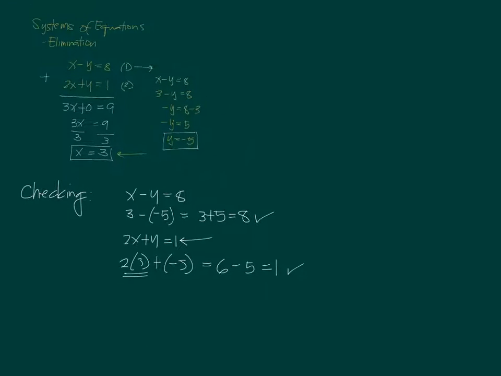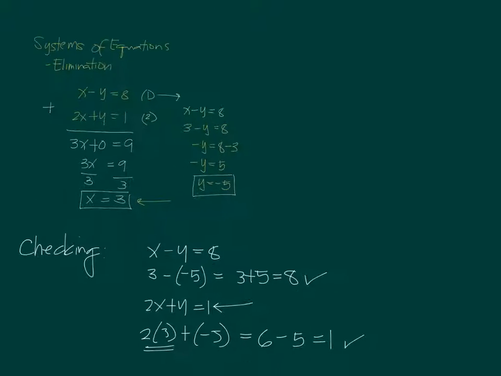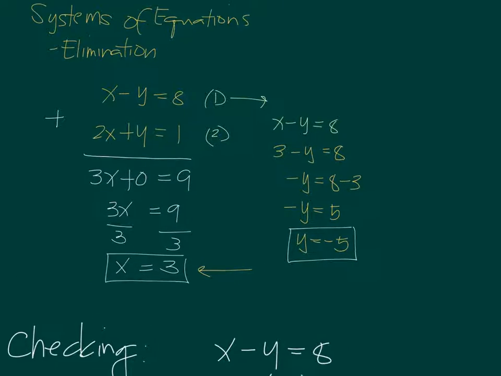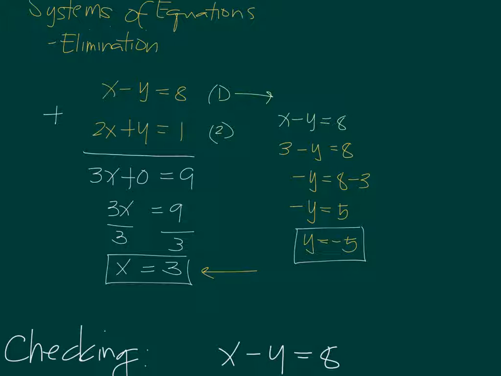So that's how we solve systems of equations using the elimination method. Again, just to summarize, you inspect the equations and then identify what to eliminate. Can you eliminate x immediately, or can you eliminate y immediately? So how do we eliminate one of the variables? It's either you add the two or you subtract the two, depending on the case.